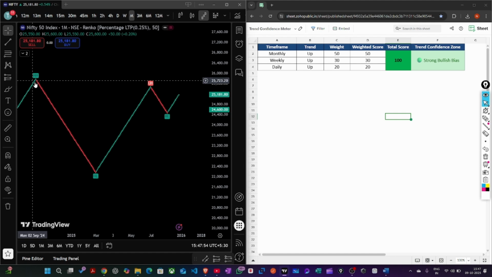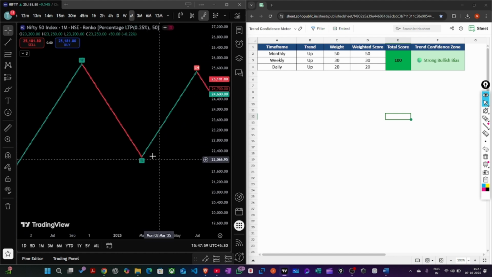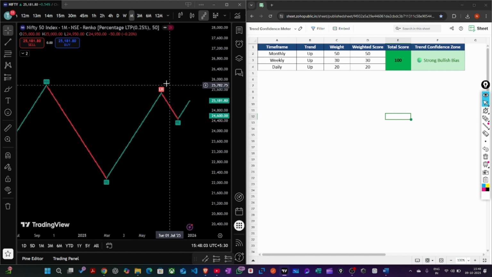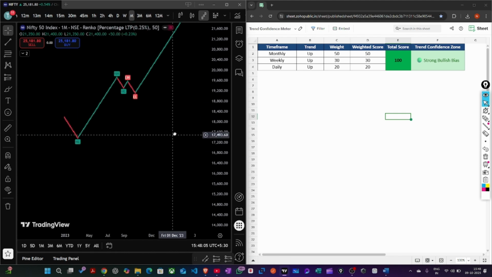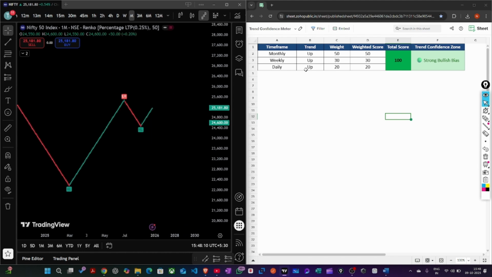So here I can see that the market is in an uptrend, but the only challenge is that it made a lower high. But if I look at the other structure, I see that the market is still going higher. So I'm going to keep this trend as up.